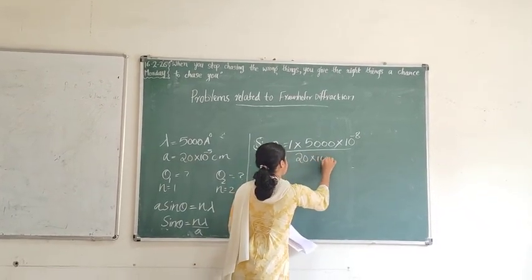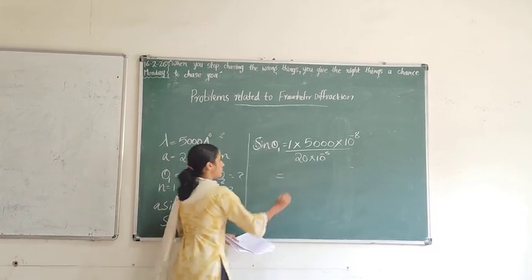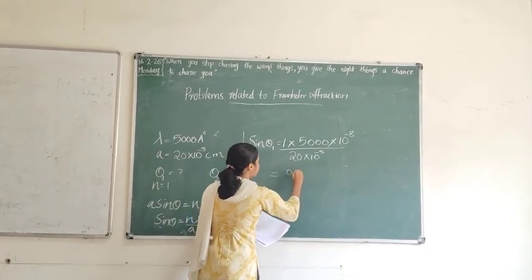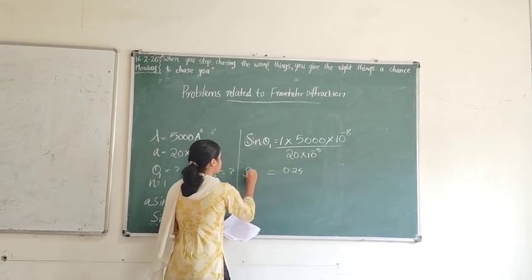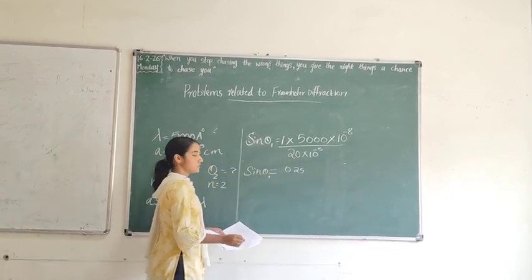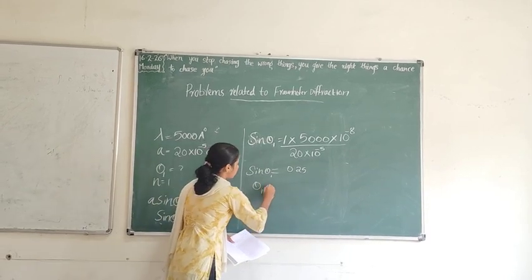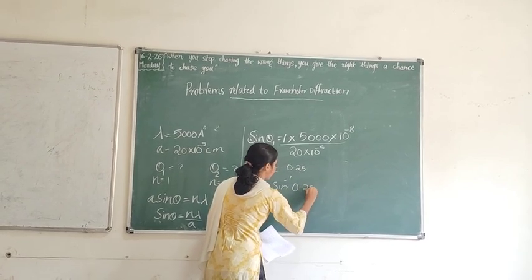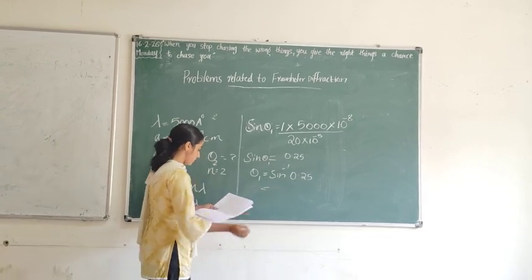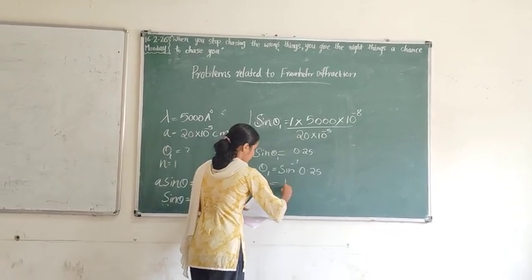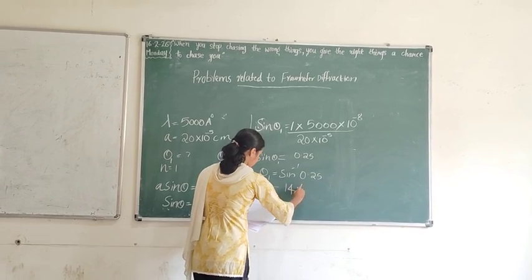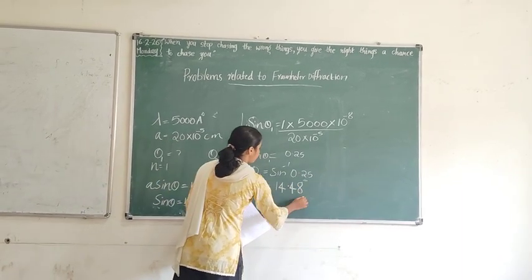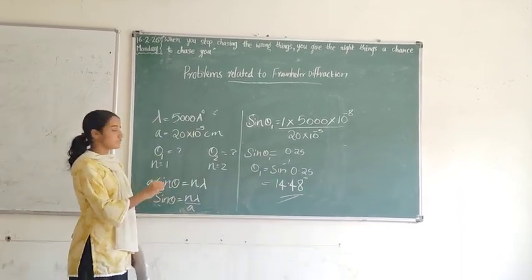Then we got 0.25. Sin theta 1 is equal to 0.25. Then theta 1 is equal to sin inverse of 0.25, that is 48 degree. Okay, this is the value of theta 1.